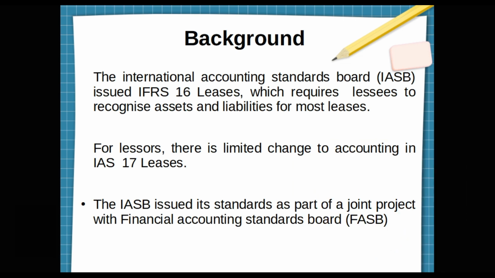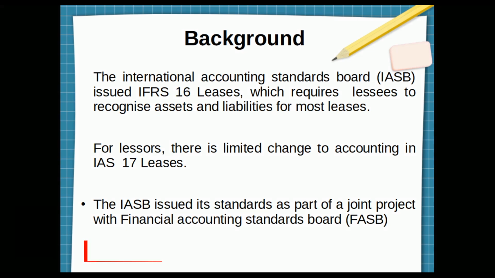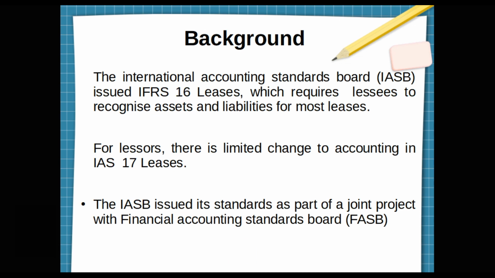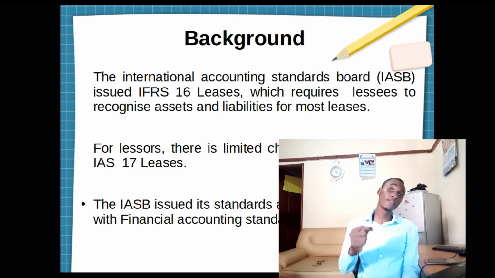Don't forget that IFRS 16 requires most leases to give rise to assets as well as liabilities, meaning that most leases are going to be recognized and presented in the financial statements, so you expect to see more assets and liabilities.